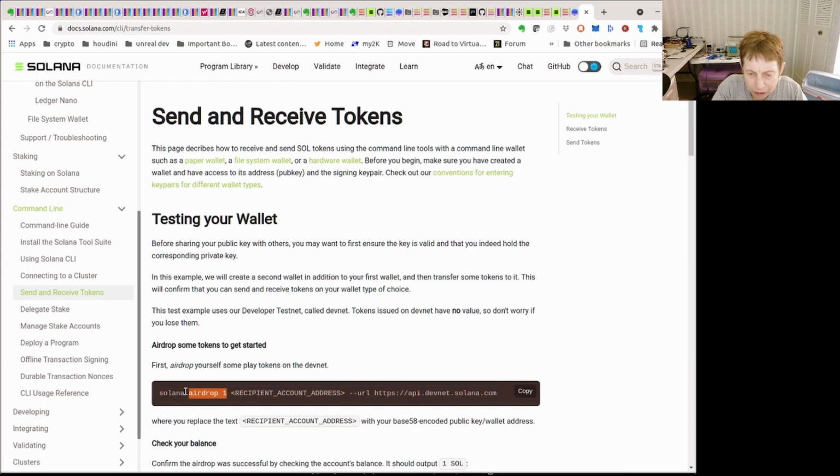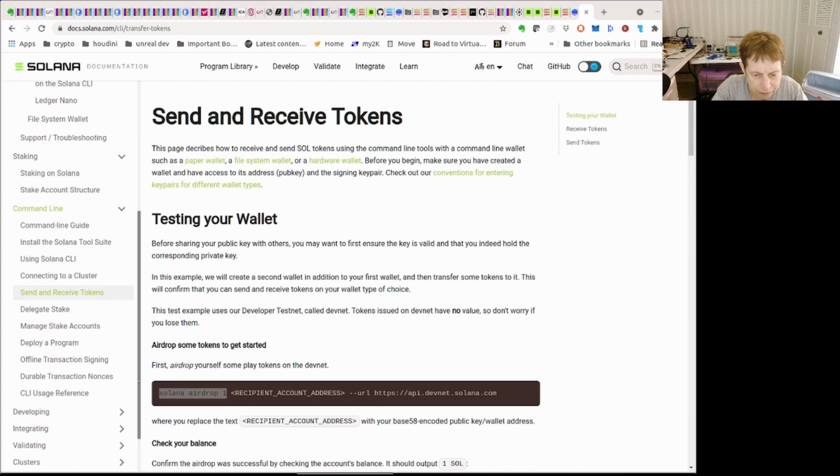I'm going to just copy the beginning and then put my public key in. solana airdrop 1, and we're going to put that big old key phrase in there.